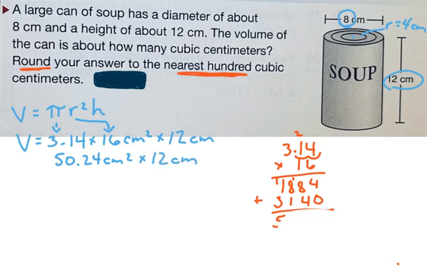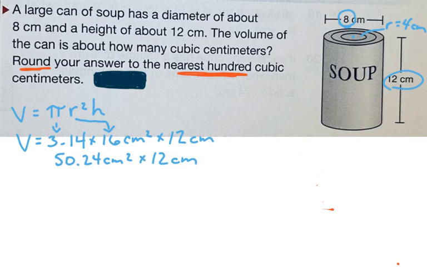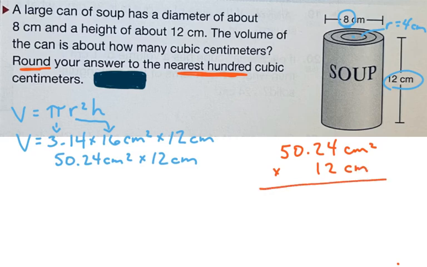Let me do some erasing so we can have room to work. So 50.24 centimeters squared times 12 centimeters. Placeholder 0.